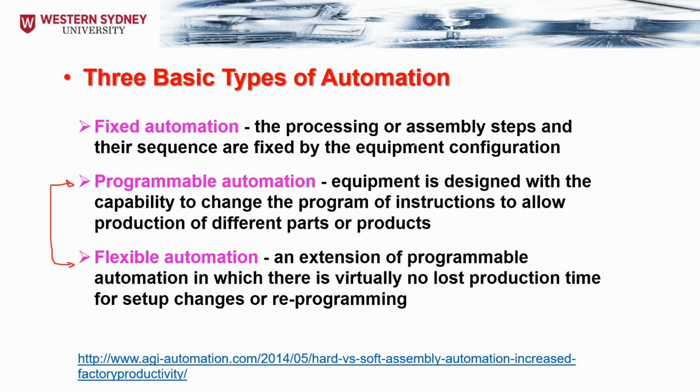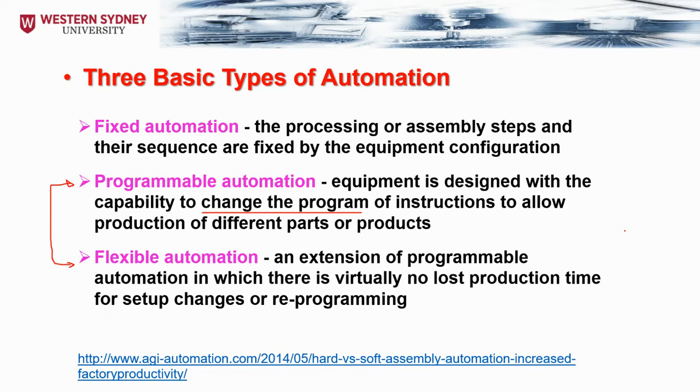We have programmable automation, where the equipment is designed with the capability to change the program of instructions to allow the production of different parts or products. Now we're talking about the normal CNC machine. If all the parts are going to be manufactured on the same machine, we need to do that by batch.